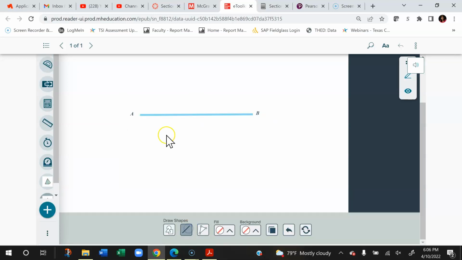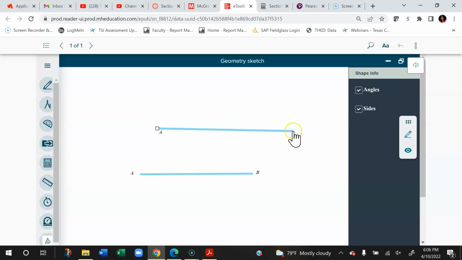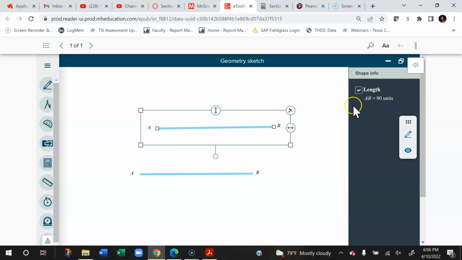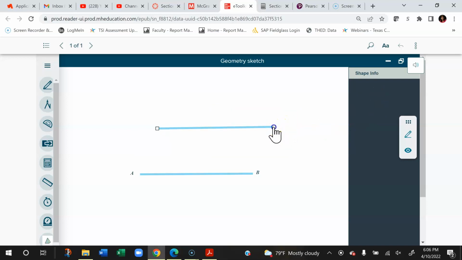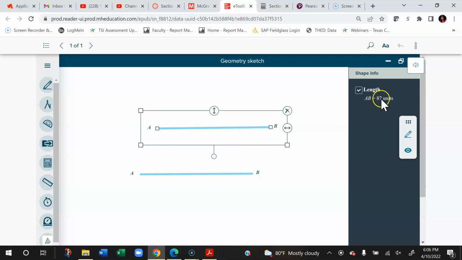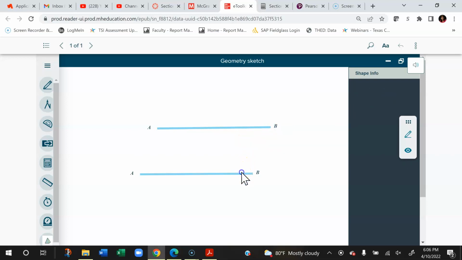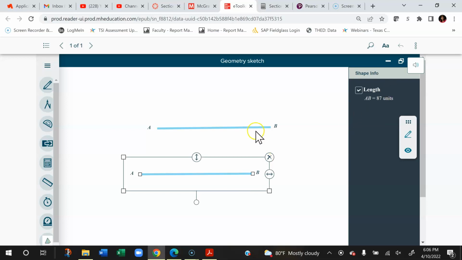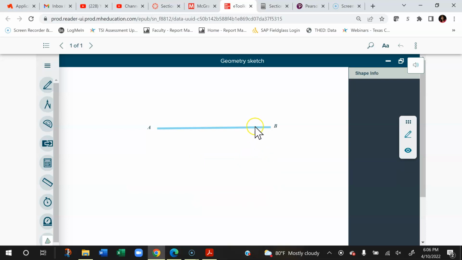Now, if I want to do another line segment from here to here, this one has 90 units, so they're not congruent yet. Now then, this is 87 units, and this one is 87 units. So now these two are congruent. As long as they have the exact same length, it is congruent. Otherwise, they're just similar.